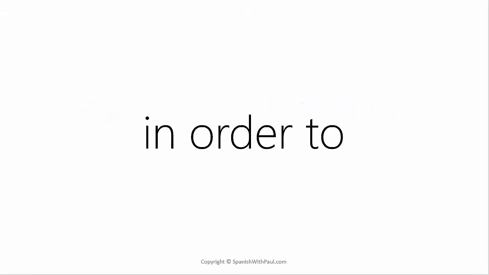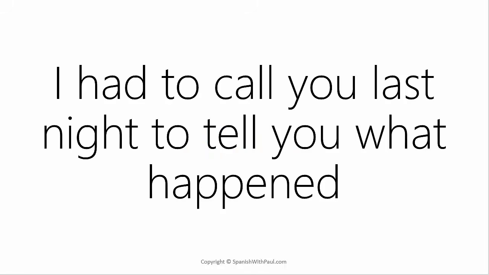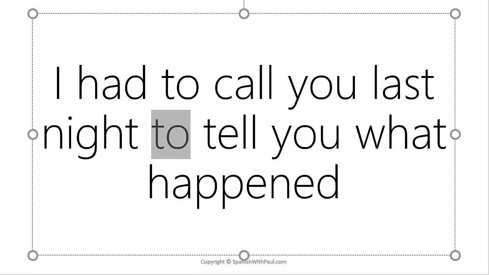In a previous lesson, we covered how to say in order to with one word in Spanish. I wonder if you can remember what that was. Para. Let's look at this sentence. I had to call you last night to tell you what happened. Now, this to is implying in order to.